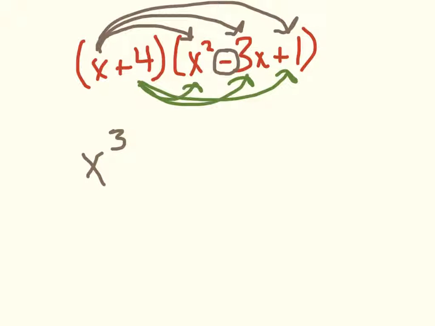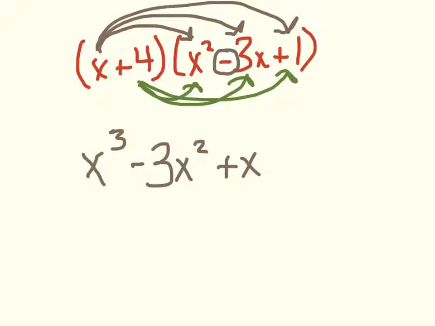So x times negative 3x is going to be negative 3x squared, because the exponent of 1 on the first x and the exponent of 1 on the negative 3x need to be added together. And then x times 1, when we multiply those together, we get plus x, or plus 1x.